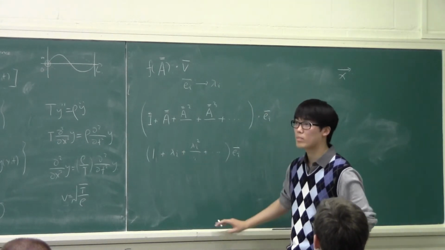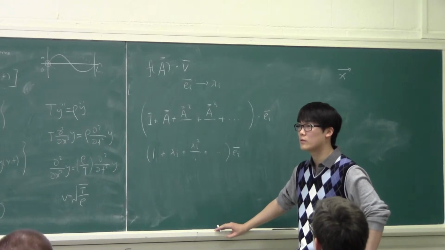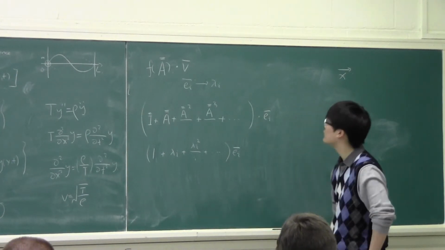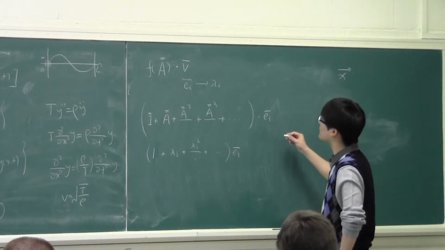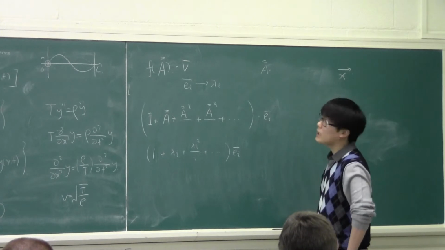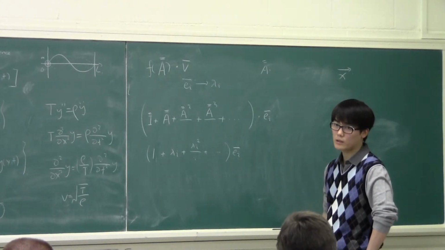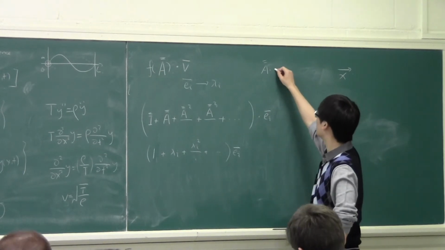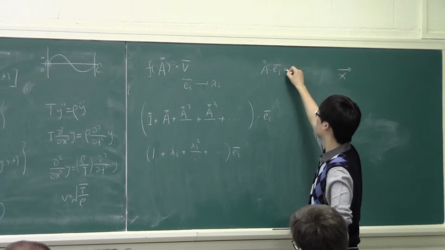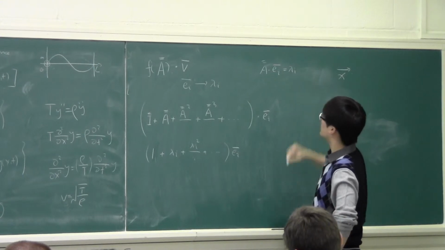I think you should also define, for the sake of some people, what an eigenvalue and eigenvector are before you proceed. All right. So the eigenvalue and eigenvector are defined as follows: I have some matrix A, and the action of a matrix on its eigenvector is such that it only scales this eigenvector.